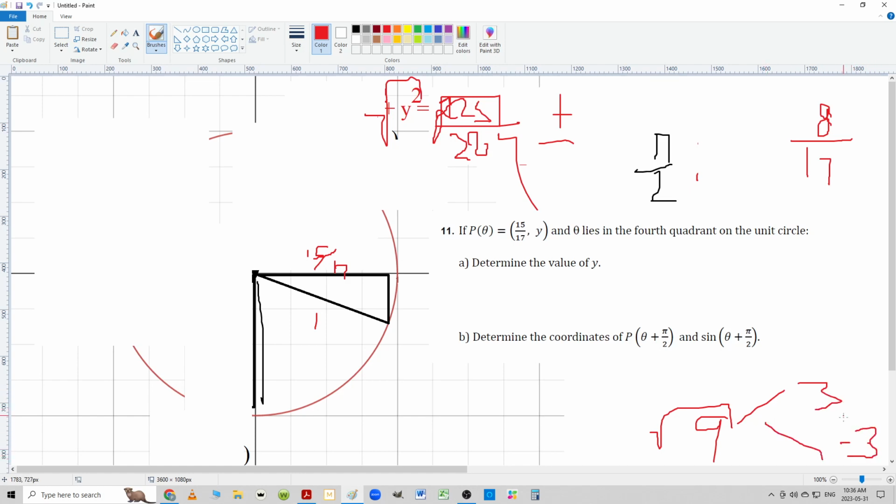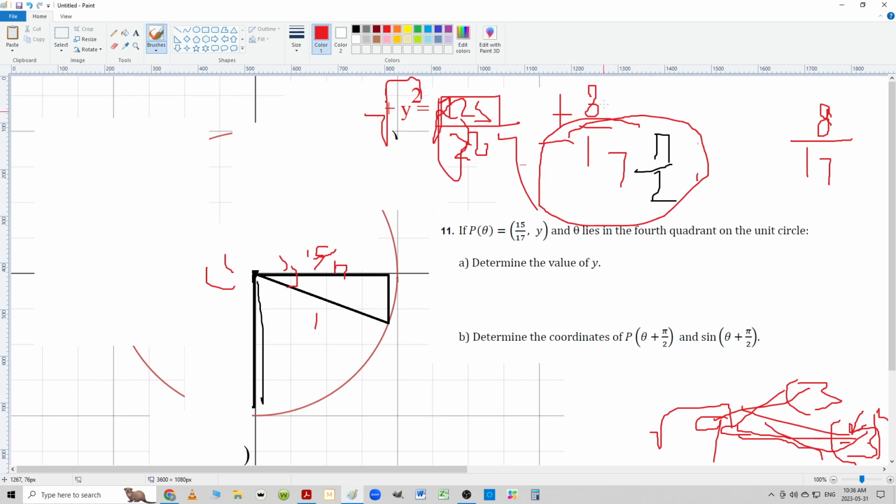The reason that's true is because the square of minus 3 is still 9. And when you square a negative number, it ends up being positive. So square root of 9 has two possible answers. So when we take a square root of this, we get plus or minus 8 over 17, which makes sense because this angle exists over here, it exists up here, it exists over here and over here. So it's accounting for all possible y values.